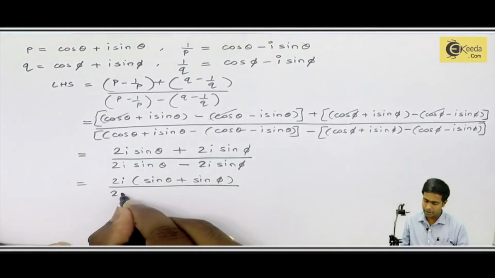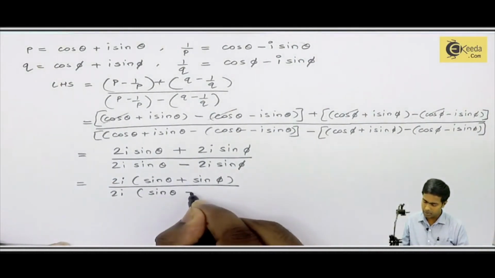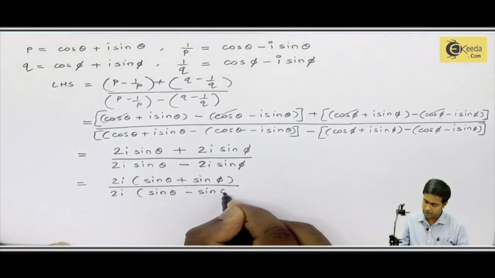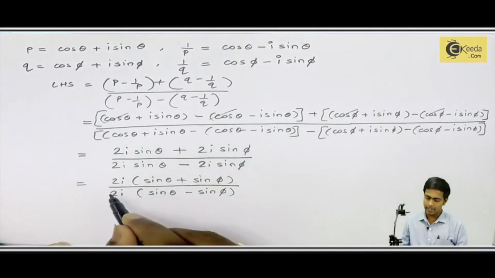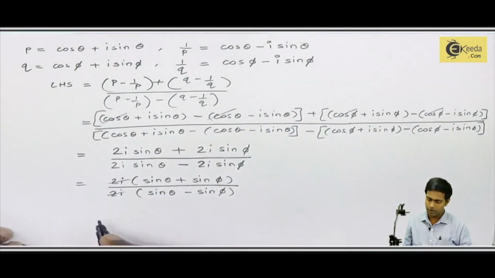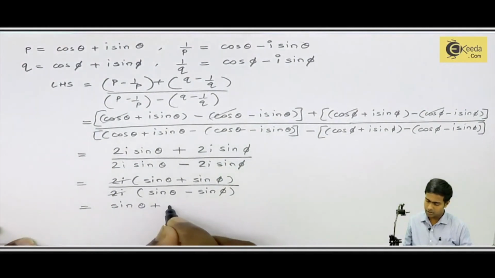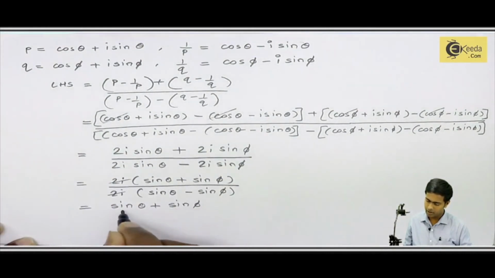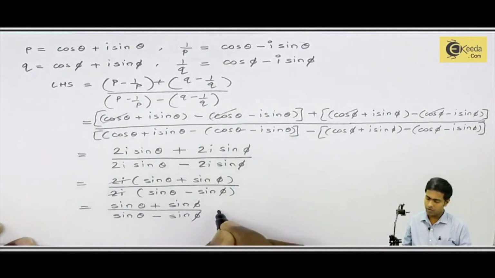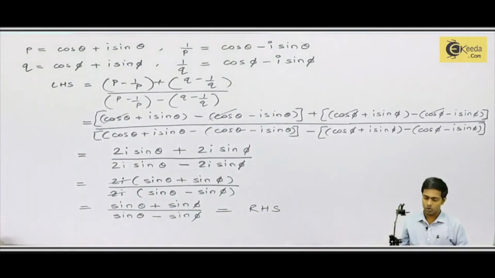From the denominator I am taking 2i common, we will get sin theta minus sin phi in bracket. Next 2i gets cancelled out and we will get sin theta plus sin phi upon sin theta minus sin phi, which is our right hand side. So it's so simple.